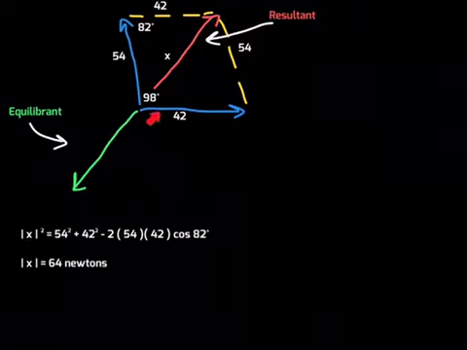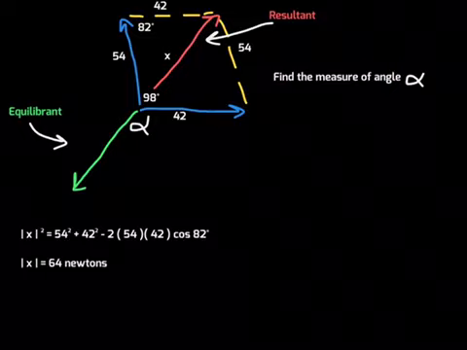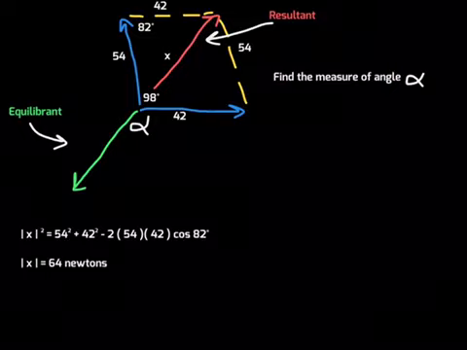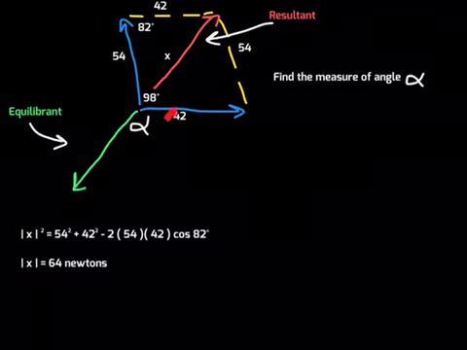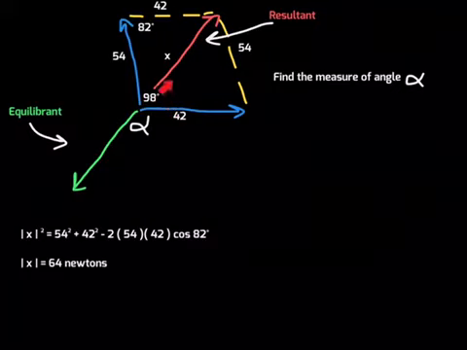I'm going to call it alpha. We need to find the measure of angle alpha. One thing I want you to notice is that alpha is the supplement of this angle here, the angle that is formed by the resultant and the 42 Newton force.